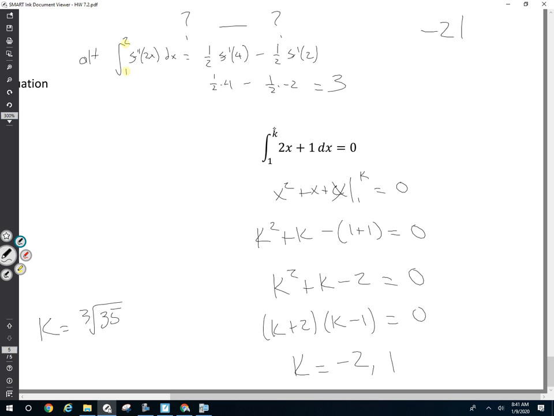It should make sense, if I have an area from 1 to 1, if I'm talking about maybe graphically, the area under x squared from 1 to 1, there's no area there if I'm going from 1 and stopping at 1. So obviously that makes sense that it'll be 0, but also see that I need to go from 1 to negative 2 to end up having, in this situation, 2x plus 1.